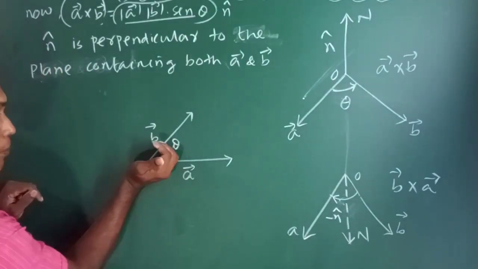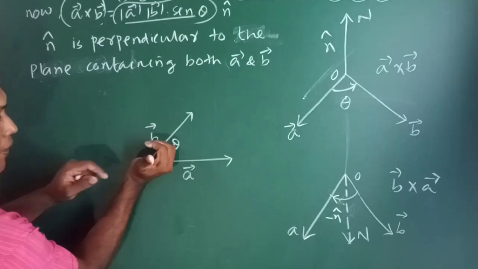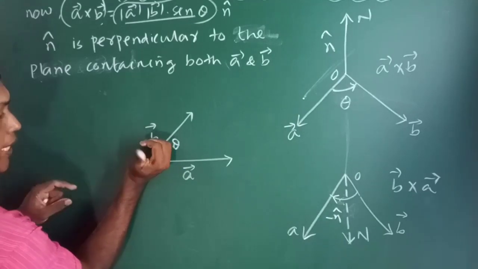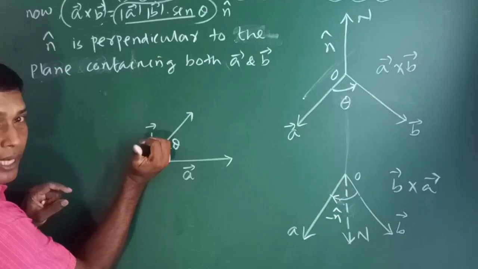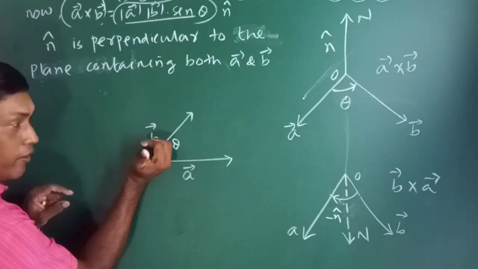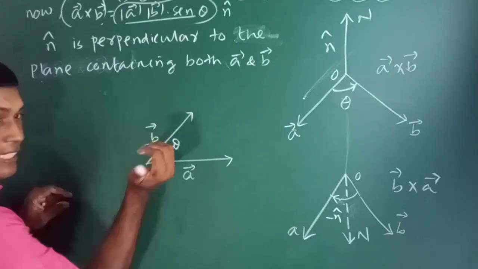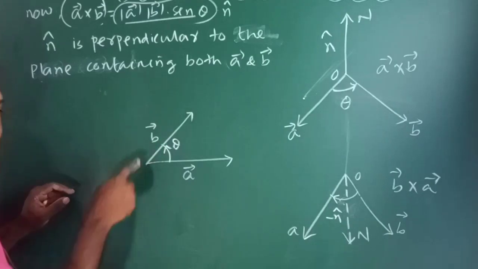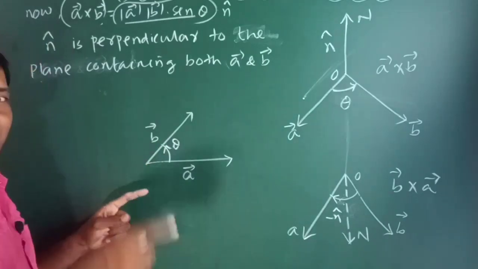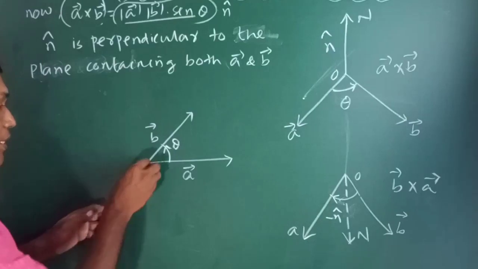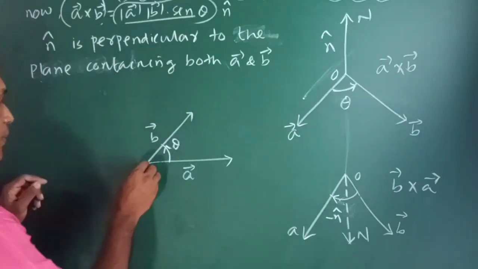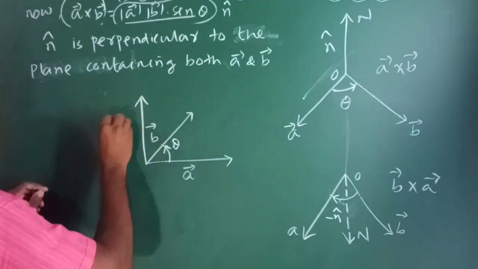If you fix your fingers in this direction, then your right-hand thumb is in the upward direction. So in this case, the direction of A cross B is upward. So this is the direction of A cross B.